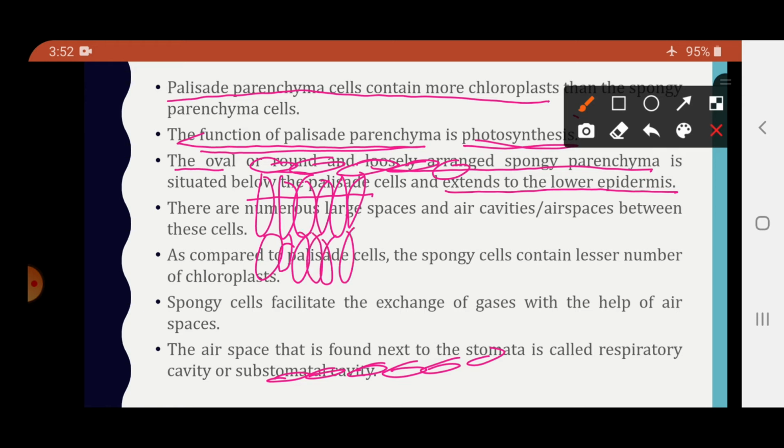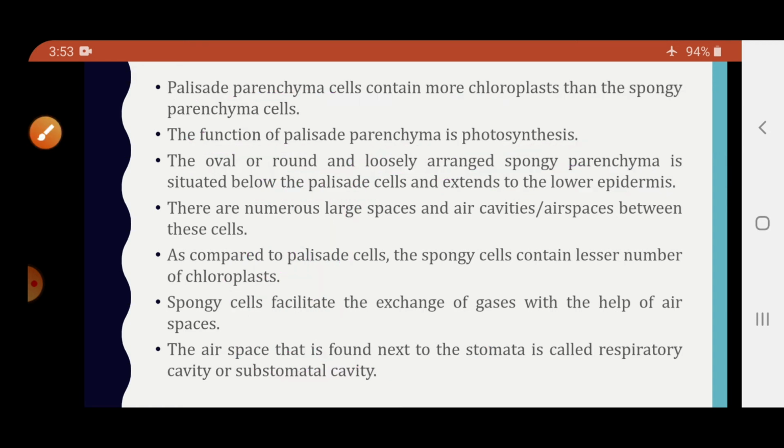Now, below the palisade parenchyma is a layer of rounded or oval cells, and these cells extend towards the lower epidermis. These rounded or oval cells, situated below the palisade parenchyma and extending towards the lower epidermis, are called the spongy parenchyma.